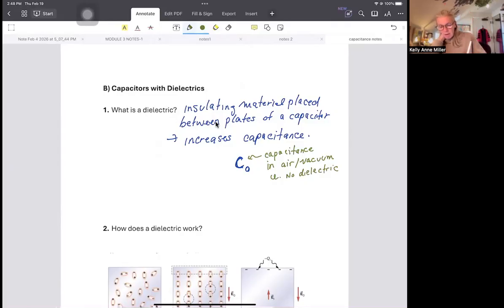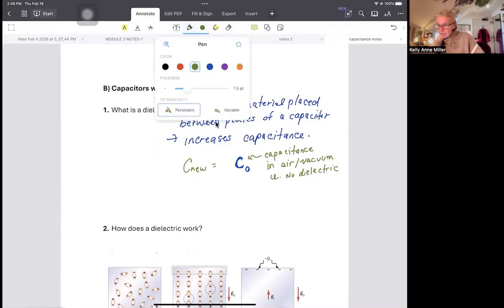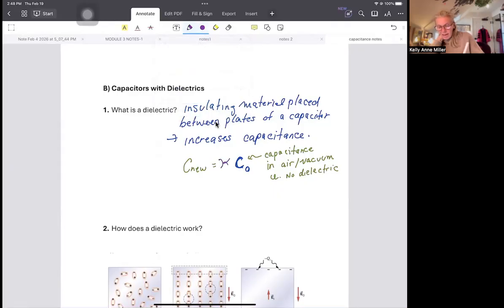Okay. I can calculate the new capacitance of a capacitor by multiplying the capacitance that the capacitor has when there's just air separating the plates times something called the dielectric constant, which has this symbol kappa. Okay, so this is the dielectric constant.